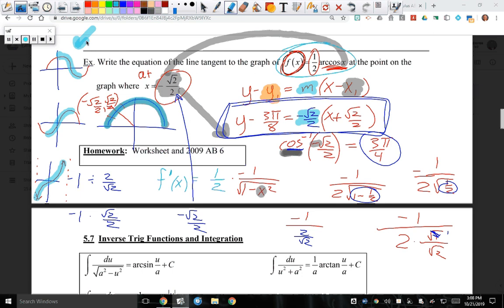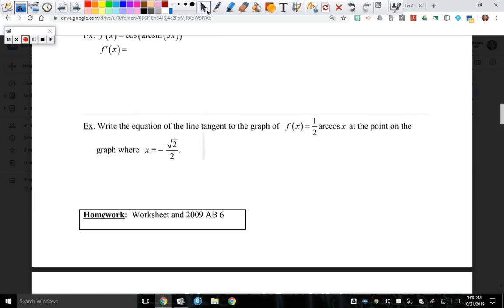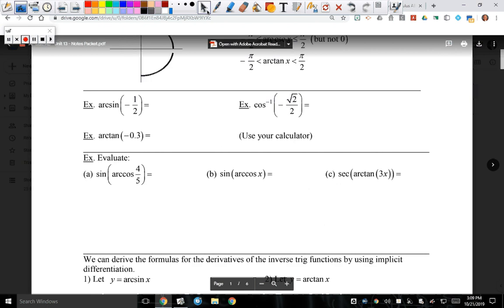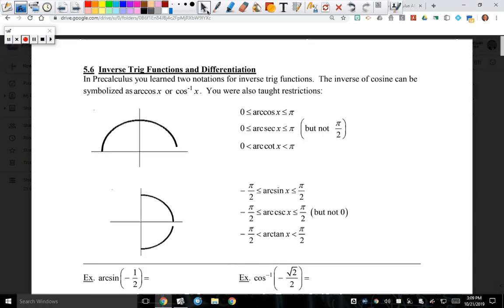This is cosine. Again, where it passes the horizontal line test is where this will pass the vertical line test. So sine and tangent is going to be from negative pi over 2 to pi over 2. And again, that was from day one's notes, the very first slide of inverse trig.